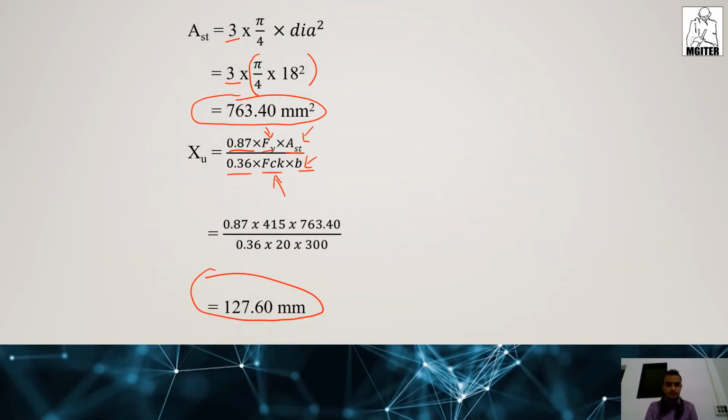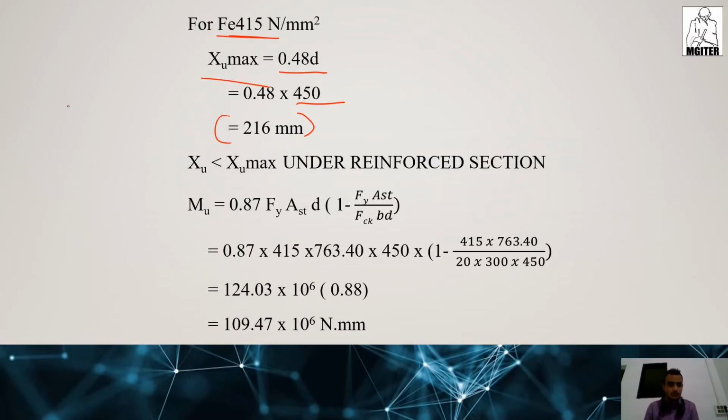Here xu is 127.60 and xu max is 216 mm. Which one is greater? xu max is greater, so xu is less than xu max. So this beam is under-reinforced, the beam which we designed. The beam analysed is an under-reinforced section.